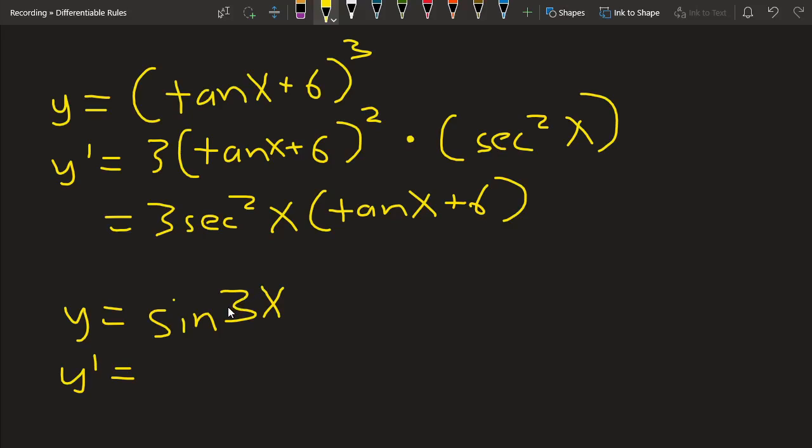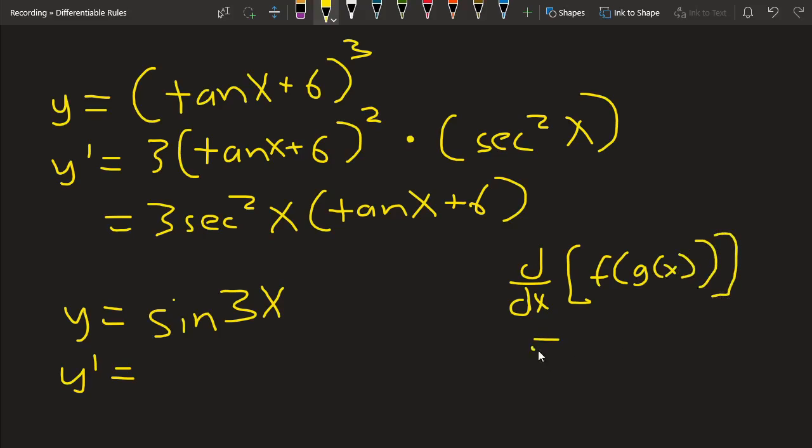So the chain rule states that, let me write it out real quick, d dx of f of g of x is equal to f prime of g of x times g prime of x.